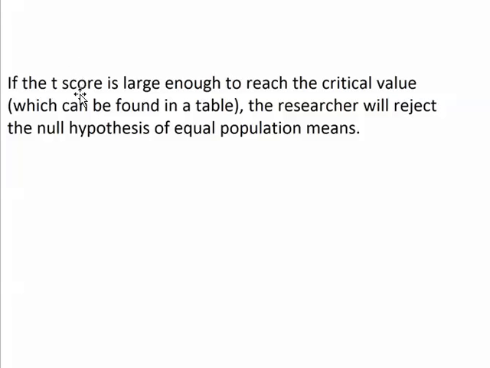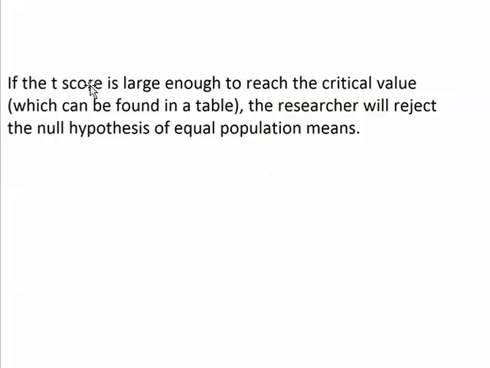What you do in a two-sample t-test is you look at whether the t-score reached the critical value and fell in the rejection region. If it did, you reject H0. You reject the null hypothesis of equal population means. Then you conclude that there is a real difference between the population means.